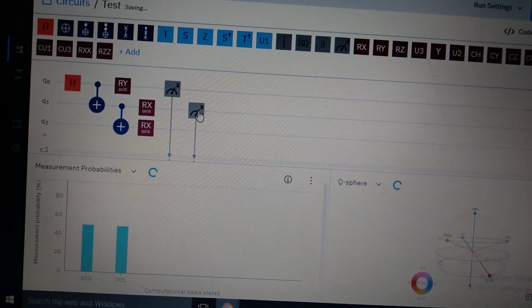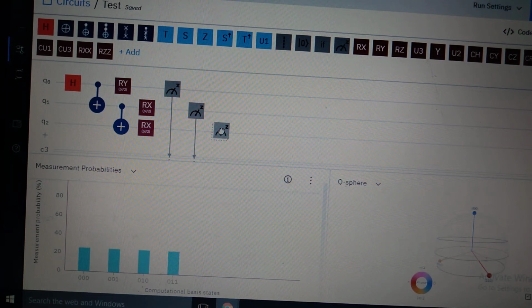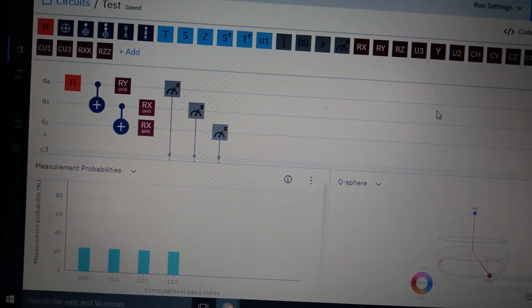I think I actually have some notebooks already made with results. There you go. So again, every time you want to do a measurement along the Z direction, you take these three and it gives you the answer right here. So this is what we're expecting. As you can see, nothing changed here because we're just doing a measurement.